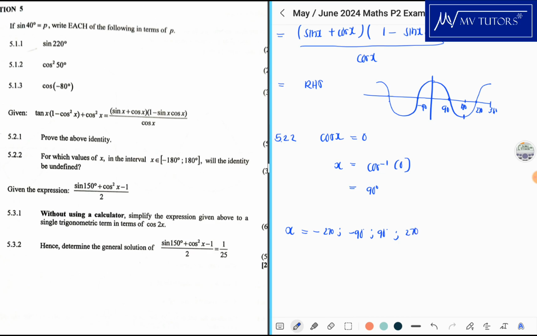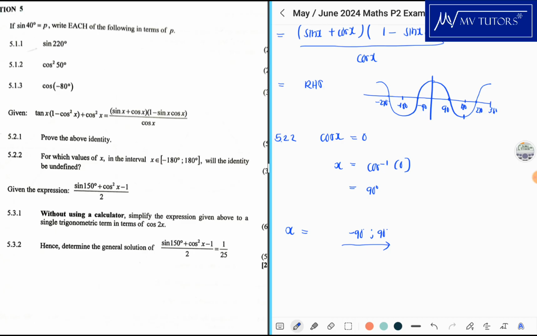And 270 is not within our domain. Okay, so we can simply remove those, and then x will just be equal to negative 90 and 90. Apologies for that. I'm glad I checked the answer on the calculator, or else I would be embarrassing myself.